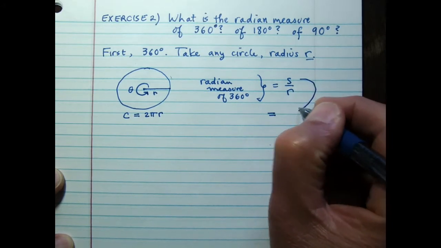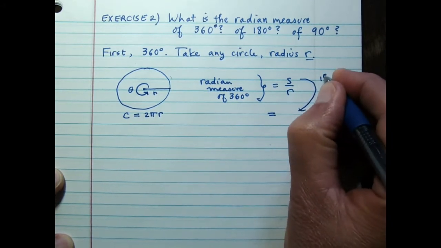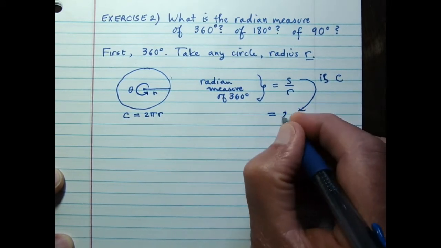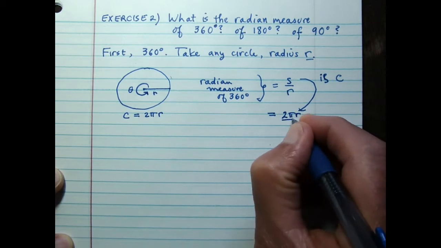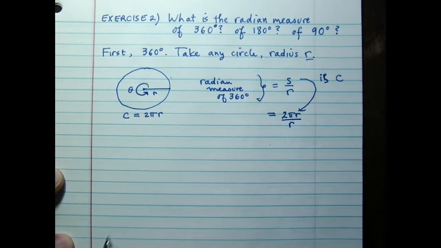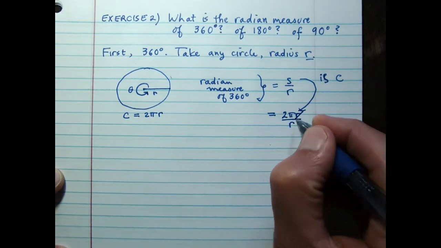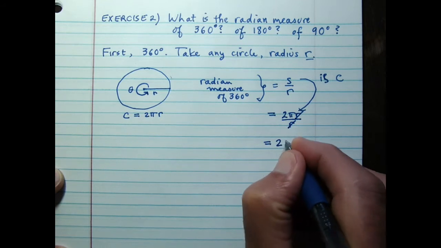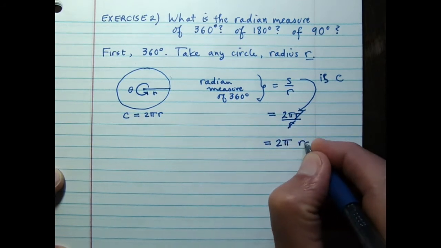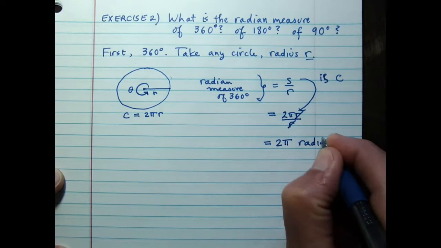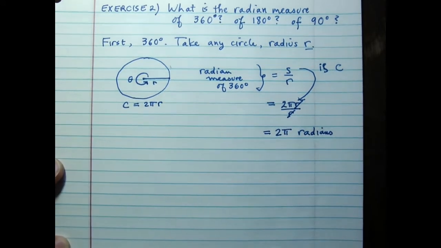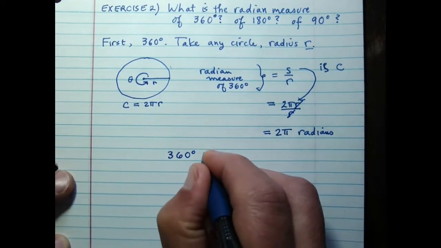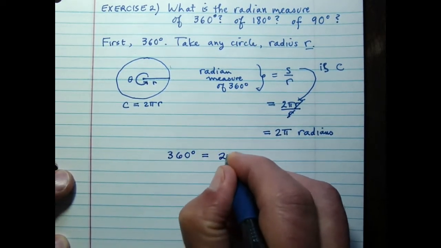So this is c, circumference, 2 pi r. And we have to divide by r, and the r will cancel out, right? We got 2 pi r divided by r is just equal to 2 pi radians. So what we see is that 360 degrees is equal to 2 pi radians.